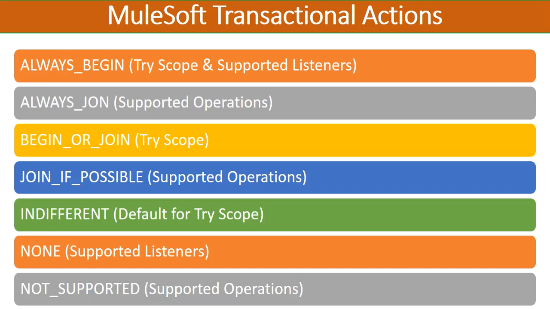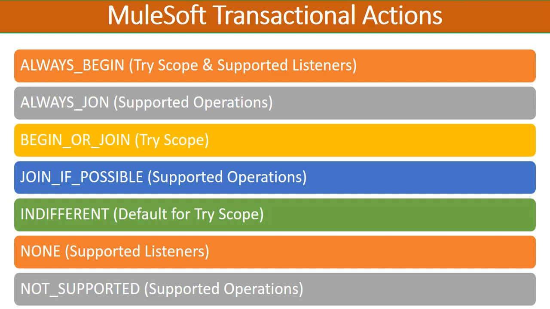And then for the supported operations, there is another transactional action, join if possible. In this case, this particular operation where you are specifying this transactional action will try to join. And if it's able to join, it will join. Otherwise, the processing of that operation will continue without joining the transaction.